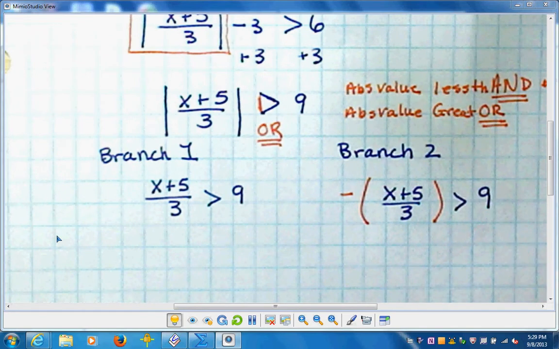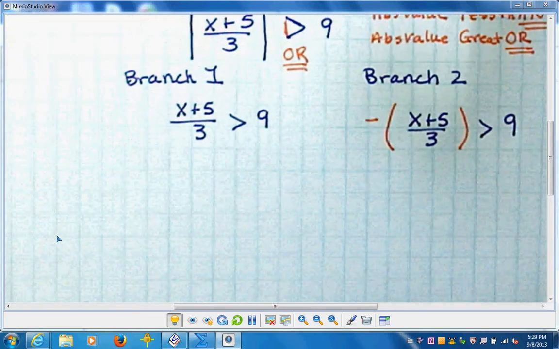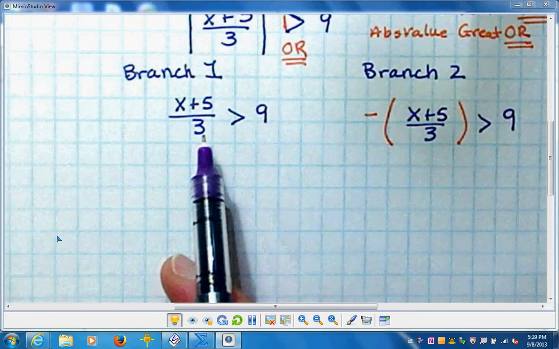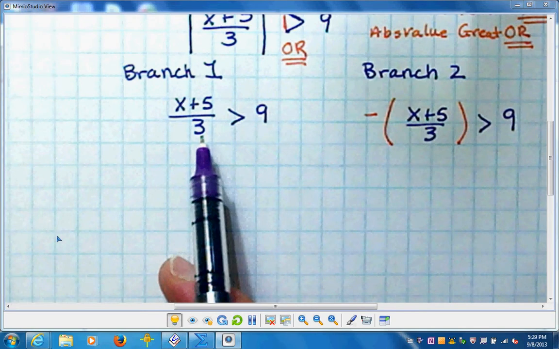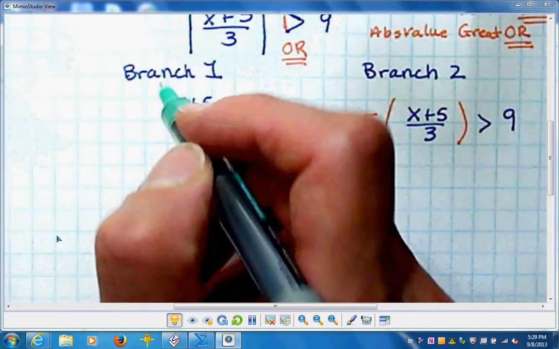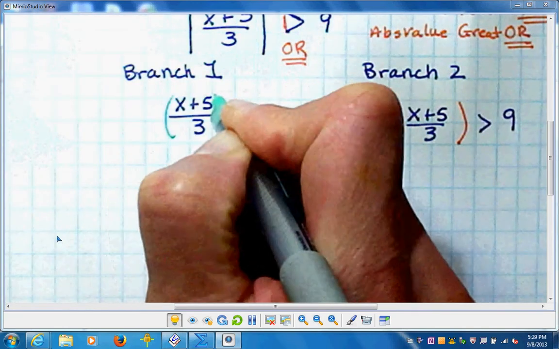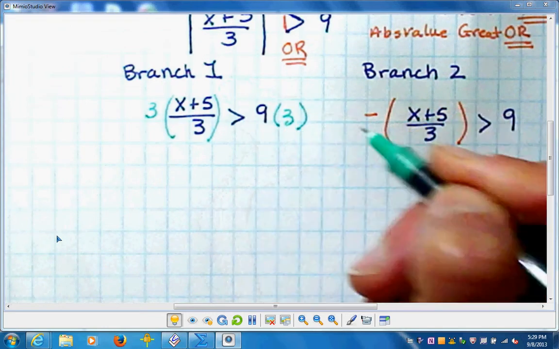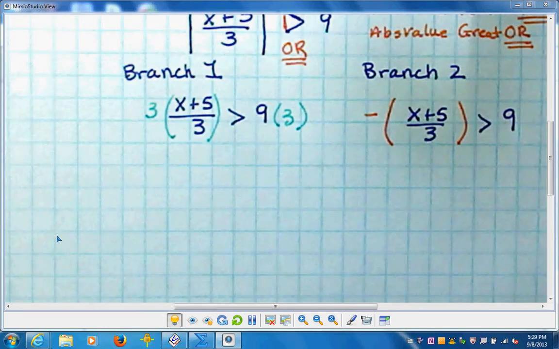Okay, so let's go ahead and solve branch 1. How do I get a 3 out of the denominator? I'm going to multiply by the reciprocal, which means I'm going to multiply both sides by 3. I'm going to multiply by 3 on both sides.